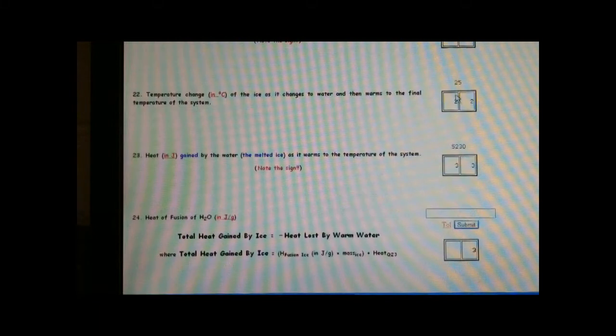Now the heat of fusion. Remember, heat of fusion is the heat that is required to melt the ice. It's the heat required to accomplish that transition. So the ice is absorbing heat to melt it, and then it also warms up, in this example, to 25 degrees.